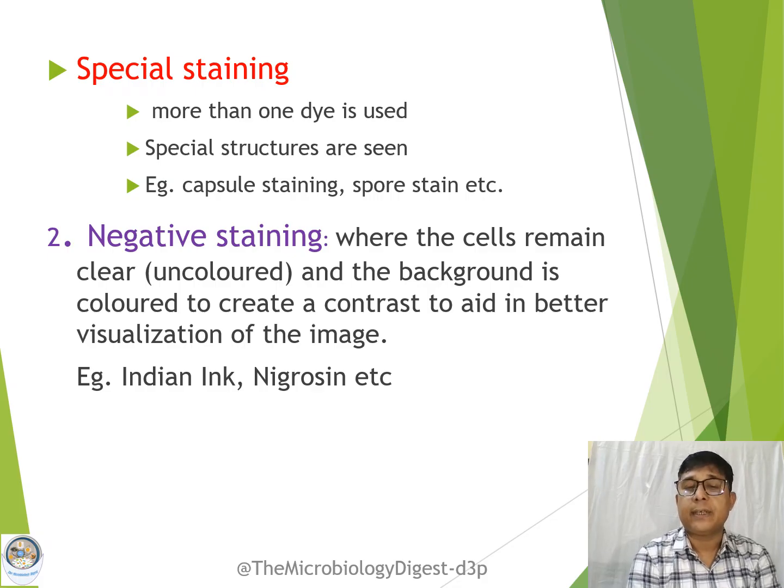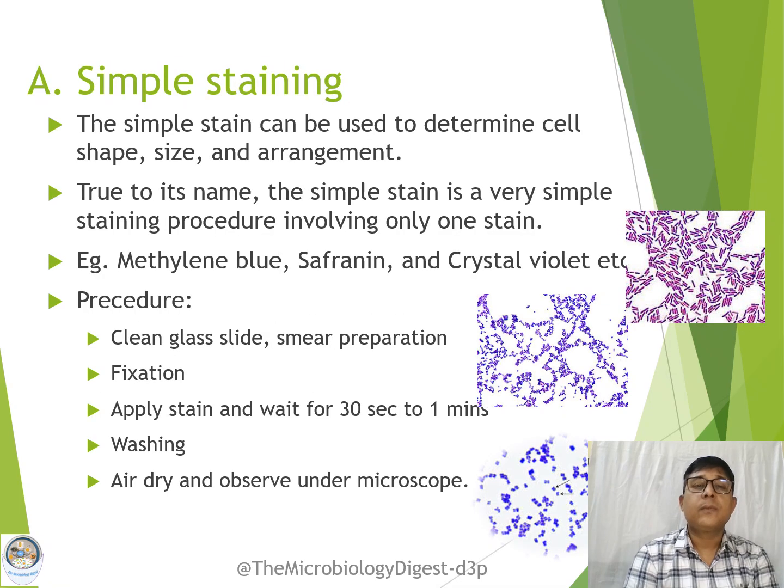What is the difference between positive and negative staining? In positive staining, the organisms take up the color, but in negative staining, the background takes up the color. Examples of negative stains are Indian ink, nigrosin, etc. We will discuss them one by one.